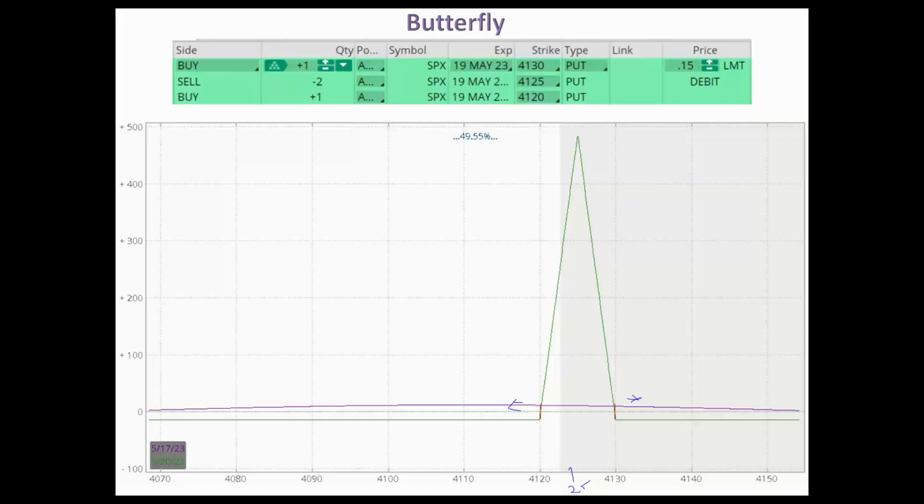As a matter of fact, when we were teaching about scalping and said the trade's going against us, would we rather buy a butterfly for 20 cents or sell a butterfly at 0 and hope it goes out worthless because we had a bad leg? We saw that selling a butterfly at 0 was probably a better do, especially if there's time until expiration where that butterfly is probably not going to hit.